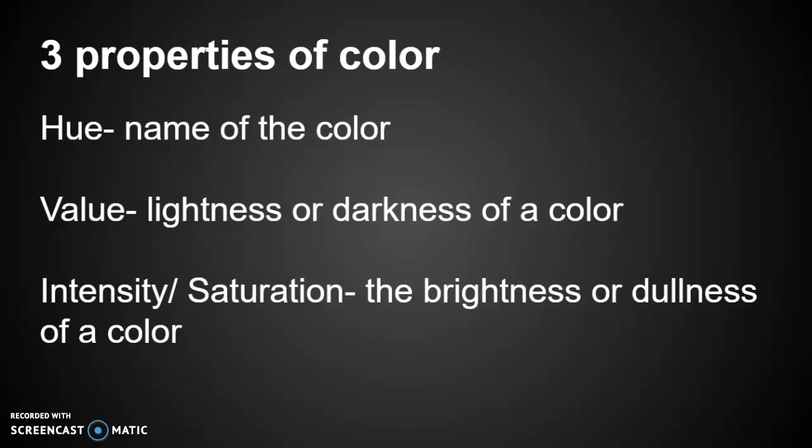You have hue, which is what the color is called or named. Blue, red, that kind of thing. Value would be how light or how dark the color is. And then intensity, or saturation, is how bright or vibrant the color is, or how dull. So you can think of a neon color as very intense.